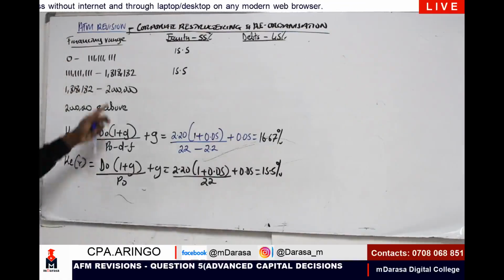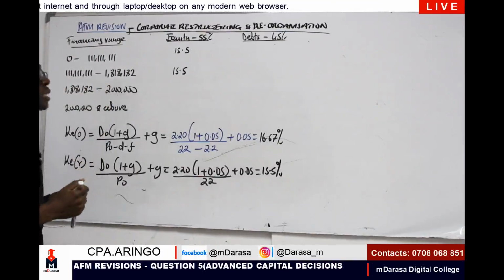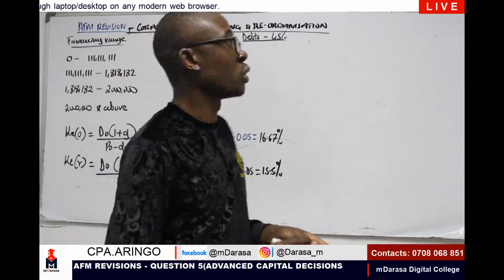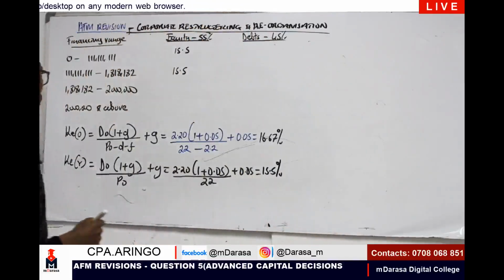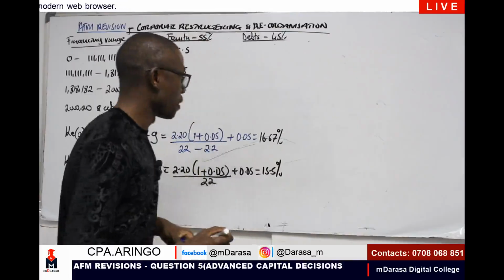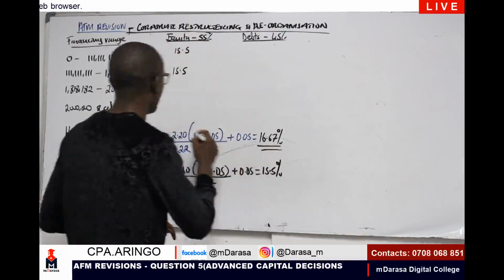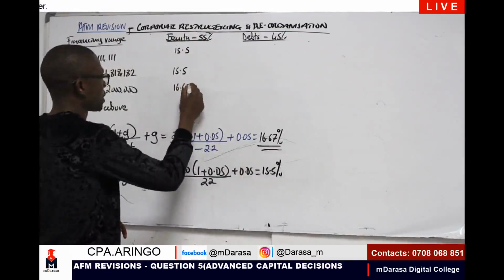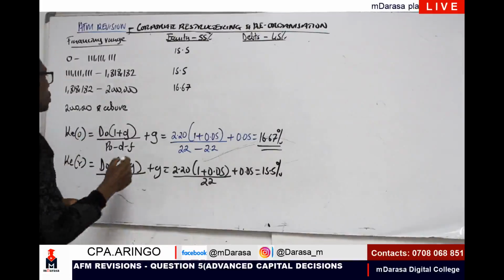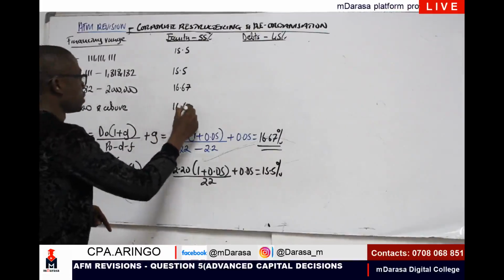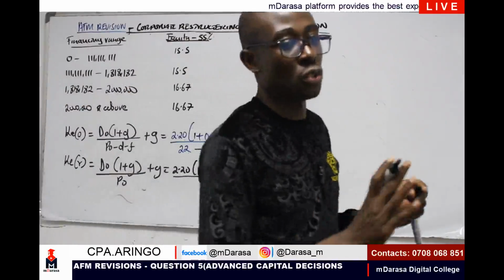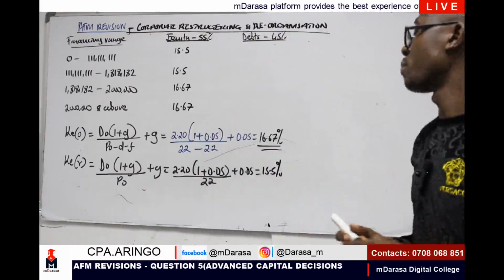But above 1.8 in relation to our equity, we are then allowed to issue ordinary shares, and if we issue ordinary shares to raise new capital, my cost will be 16.67%. The same case above 2 million, that will be 16.67%. That is what you are having as per our schedule.